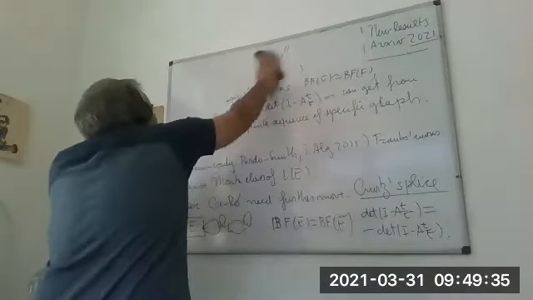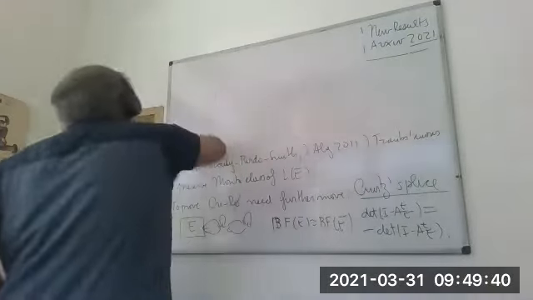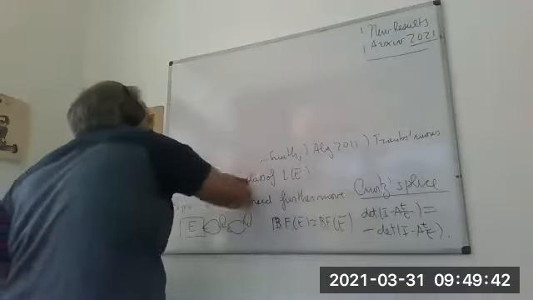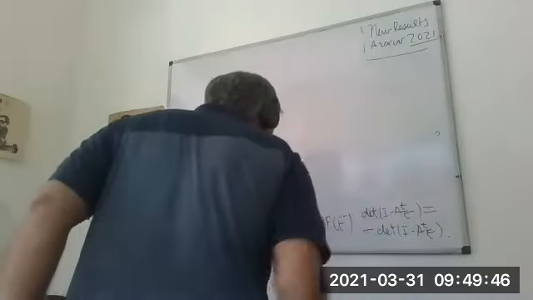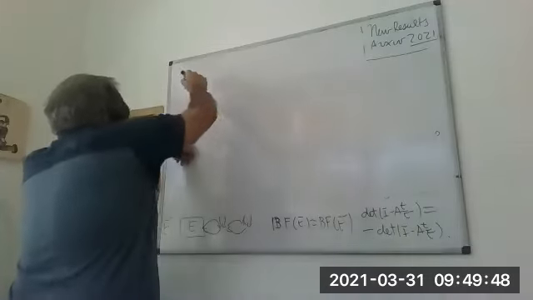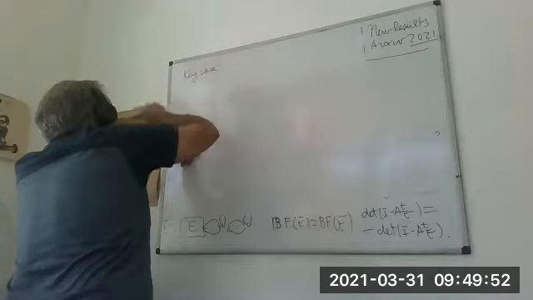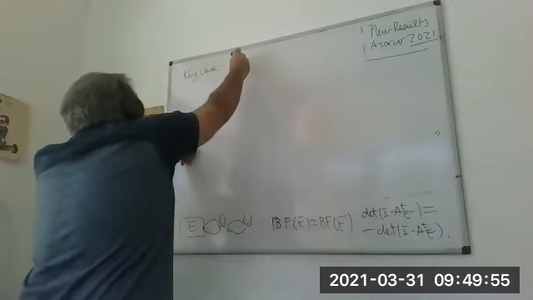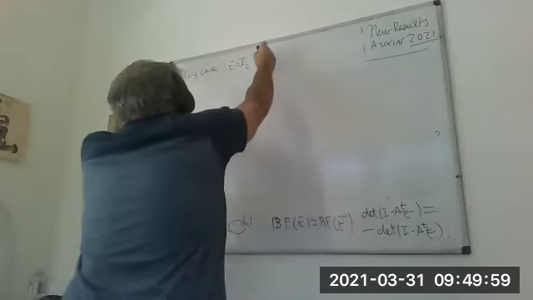A key, in fact the key case that is needed, is that of a very simple graph. So the key case is when the graph E is R2.